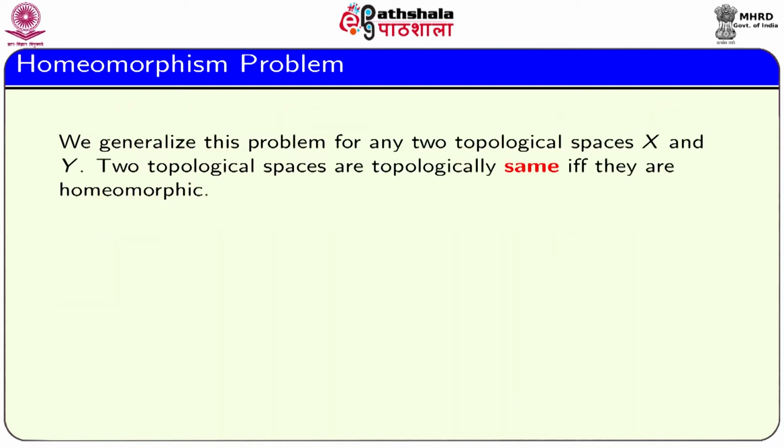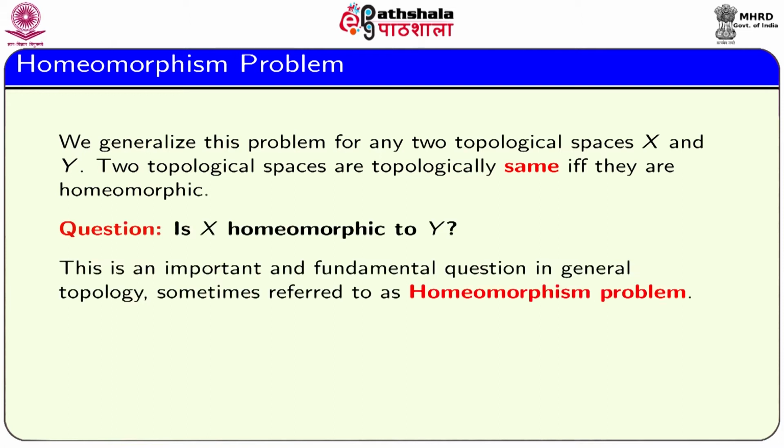We generalize this problem for any two topological spaces X and Y. As we have already mentioned, informally speaking, two topological spaces are topologically the same if and only if they are homeomorphic. So the question takes the form: is X homeomorphic to Y?